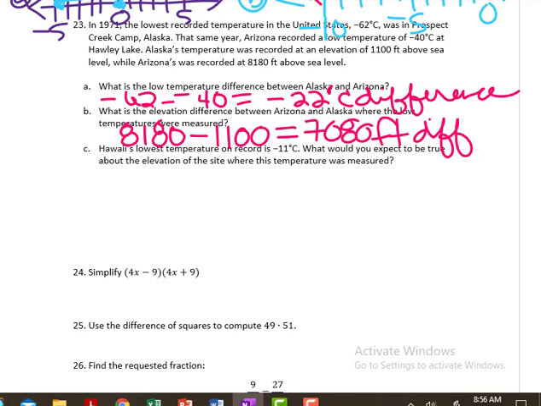C. Hawaii's lowest temperature on record is a negative 11 degrees Celsius. What would you expect to be true about the elevation of the site where the temperature was measured? When we think about how Alaska and Arizona's temperatures were compared and the elevations where the low temperatures were recorded, Arizona, which is normally a warmer climate, the elevation was significantly higher than the low temperature recorded in Alaska.